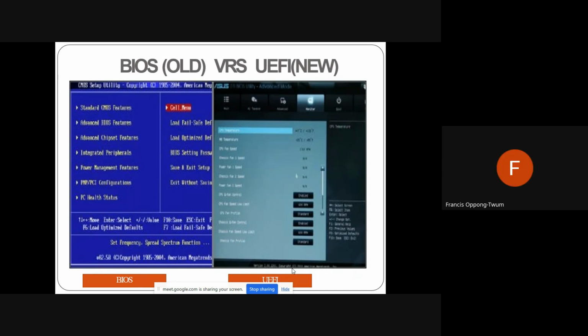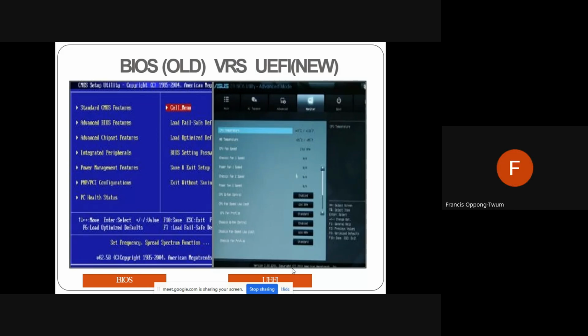It's still the UEFI. You have decided to customize the color like that. All right, so it originally came with the blue color. I think you can change the color depending on you. The BIOS is basically the blue screen, but the new one has more options. You can still customize it to the color that you want.